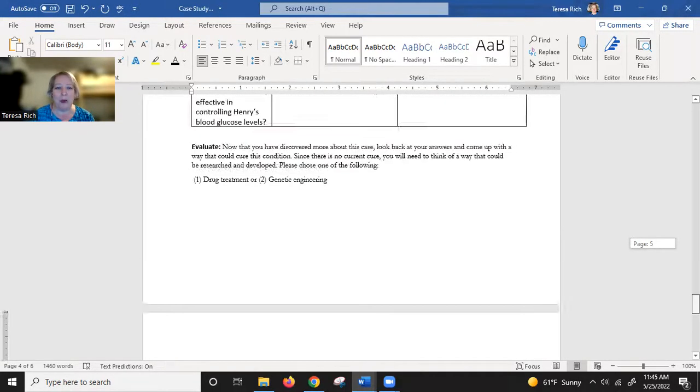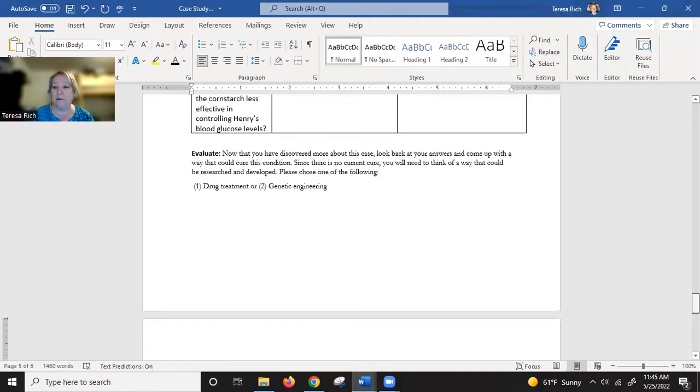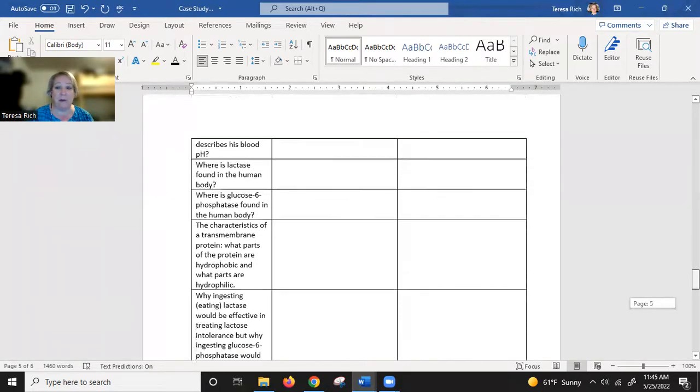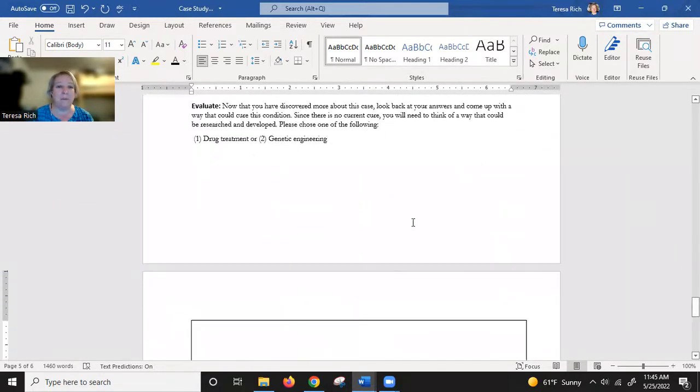But before I go, I want to talk about this evaluate, okay? So once you go through and answer the questions in the table, okay, we give you a problem that we want you to think your way through, okay? And you're not going to find it in the case study. You're not going to find the answer necessarily in the textbook, okay?